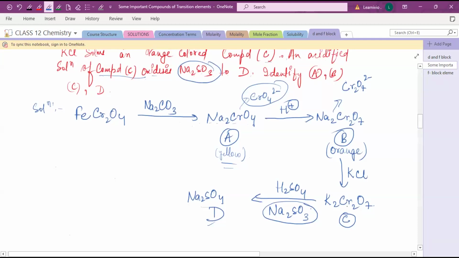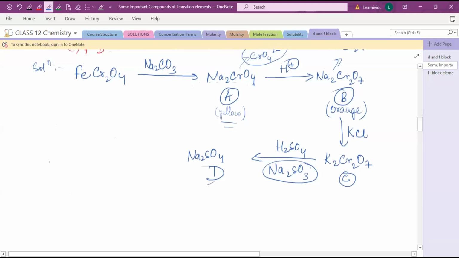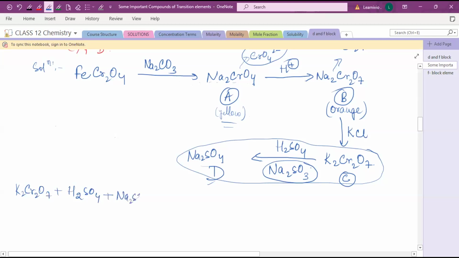So A, B, C, and D. If you see the last reaction, you can write the balanced chemical equation. When you add H2SO4 to K2Cr2O7, it forms an acidified solution of potassium dichromate, which is a strong oxidizing agent.